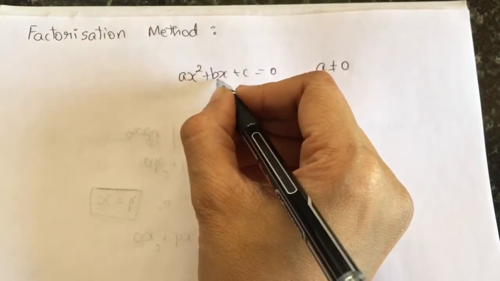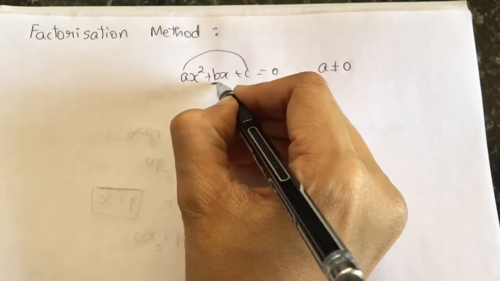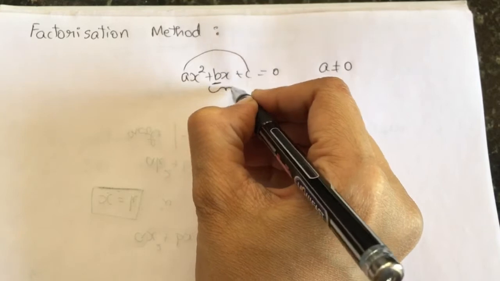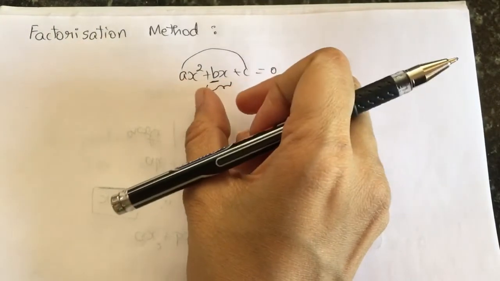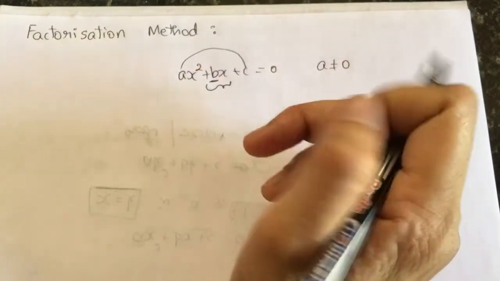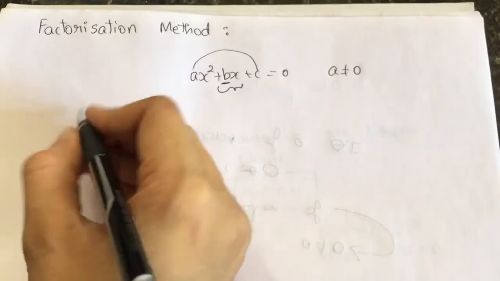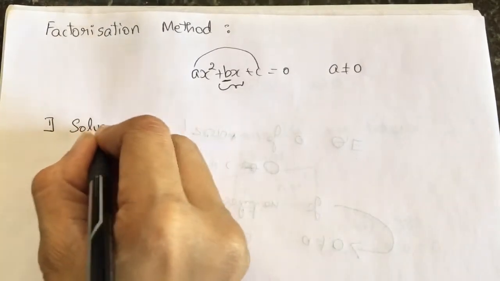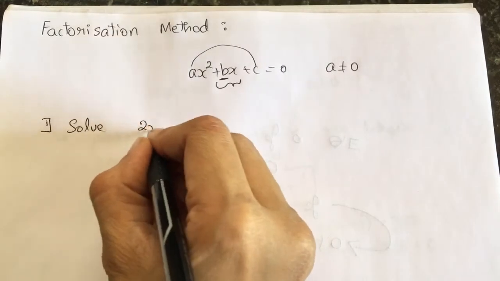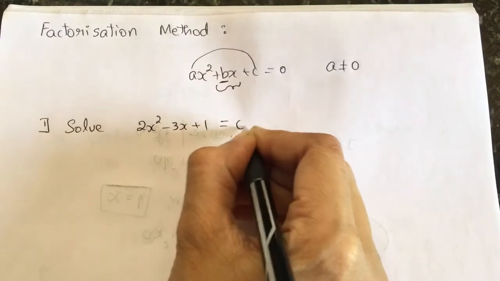We have studied in our classes that by looking at these two numbers, we can split this middle term, right? We are just factoring this term. I'll explain with an example. Say suppose you have to solve this: 2x square minus 3x plus 1 equal to 0.